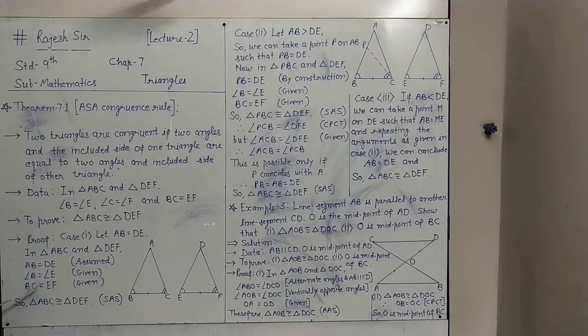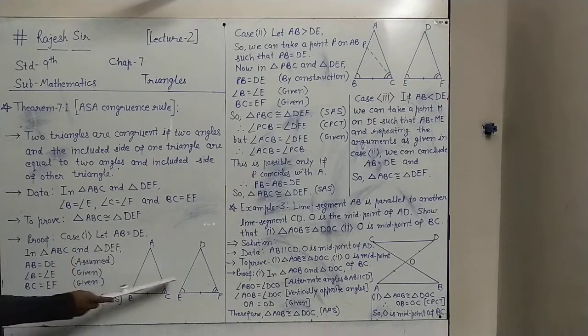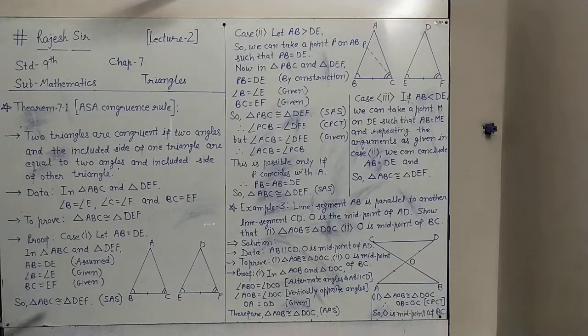By that rule, triangle ABC is congruent to triangle DEF by SAS, side angle side. But in this we have assumed that AB equals DE.